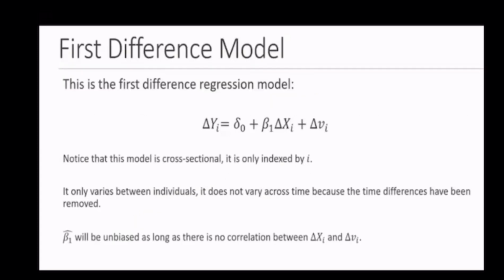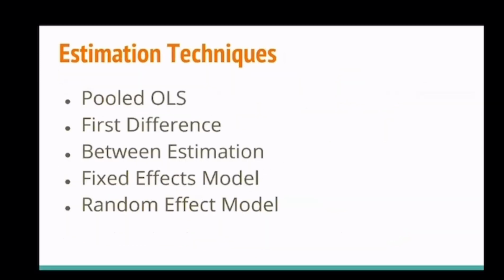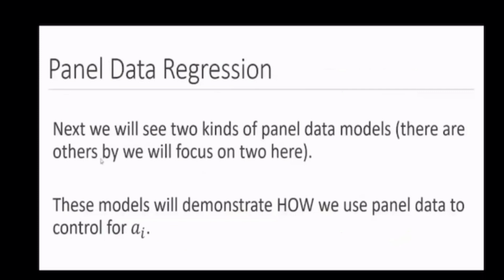Now, another approach is what we call the fixed effect. But before the fixed effect, there's another approach that we call between estimation. Let me tell you what between estimation is going to do. I want to take you back to the data set.